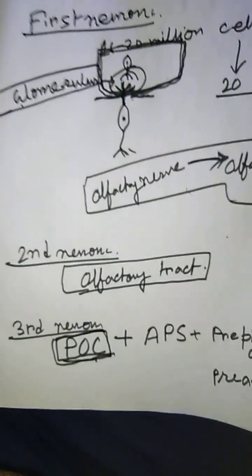Okay, then the fourth neuron, the quaternary. The tertiary I have also discussed. The fourth order neuron is mainly the secondary olfactory cortex. It is also called the entorhinal cortex.